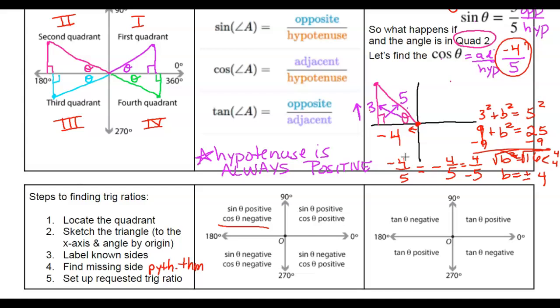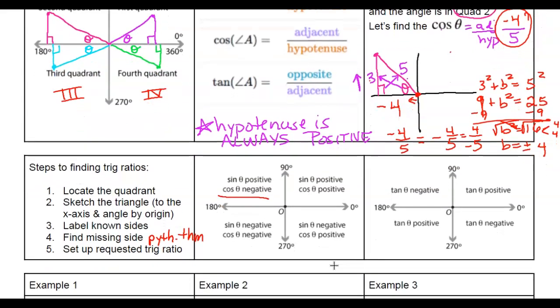Okay? Or vice versa. If you made it negative and it was supposed to be positive, just take it off as long as you felt confident in all the other math. Same thing for tangent. These are all the values, positives or negatives. Okay. So remember, you can use notes on your quiz. So if you like this to help double check you, I would definitely write it down and use it.